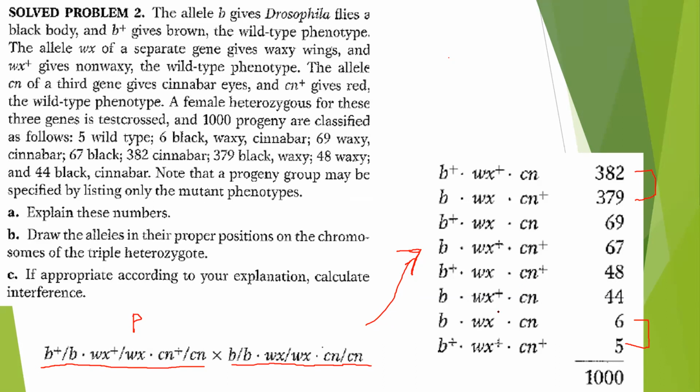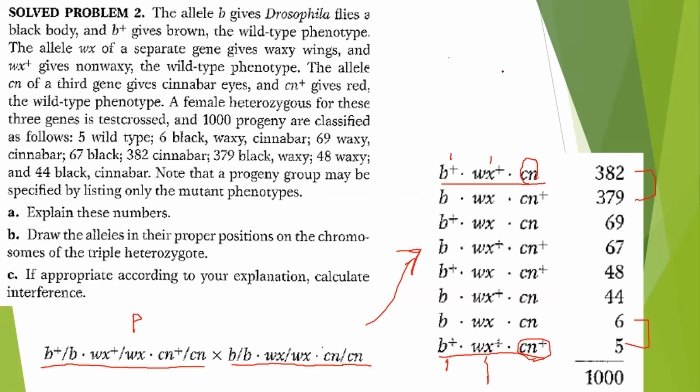All right. Now when you compare this double crossover progeny with this parental type, the first two are identical. Only this one has been changed. So this information can give us what conclusion?